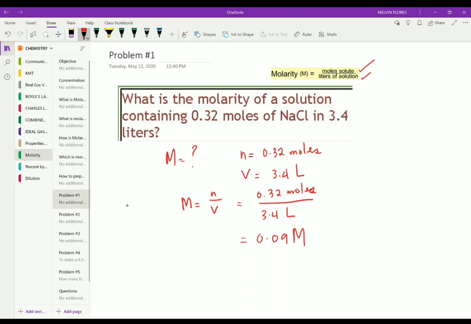So this can also be written as 0.09 mole per liter of solution. Okay, per 1 liter of solution. That is what is meant by the 0.09 molarity. There's 0.09 mole of the solute, which is NaCl, per liter of solution.